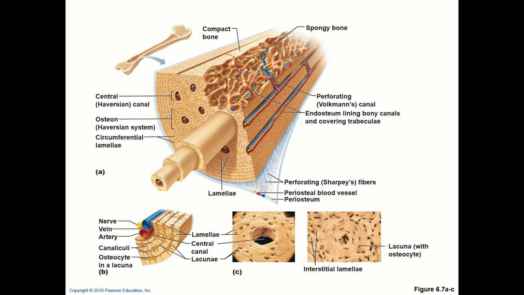The lacuna are going to be the spaces in which the mature osteocytes are confined, and the canaliculi will allow for communication between those osteocytes. Also, it will join them to the central canals so that they can get their continuous blood supply.